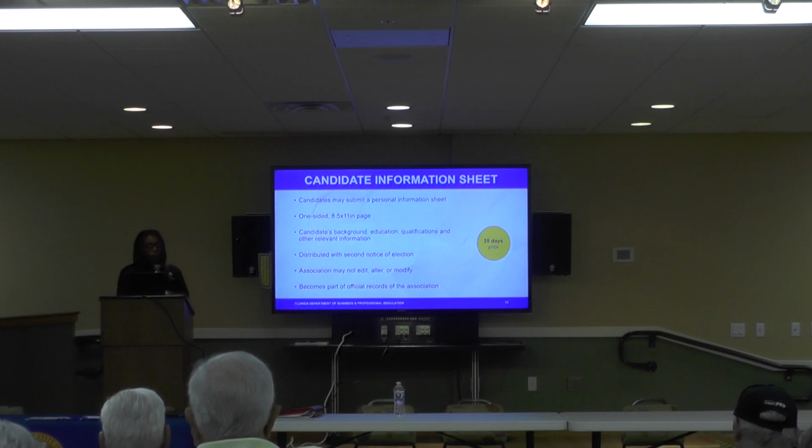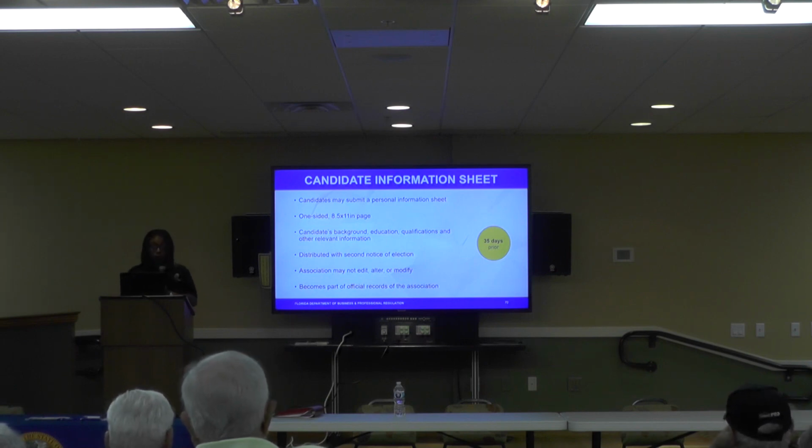The candidate information sheet. This must be submitted to the association at least 35 days prior to election day. Candidates may submit a personal information sheet, which can only be a max of one side, 8.5 by 11-inch paper.